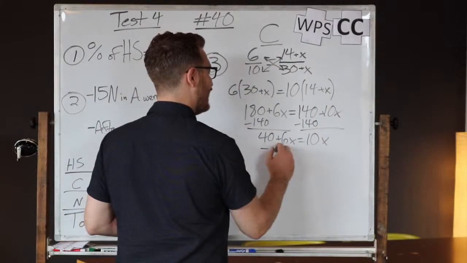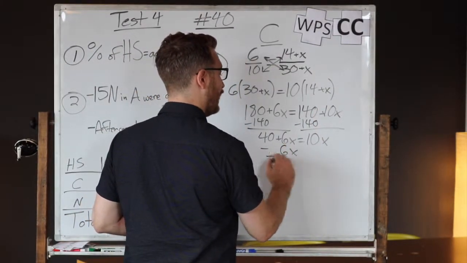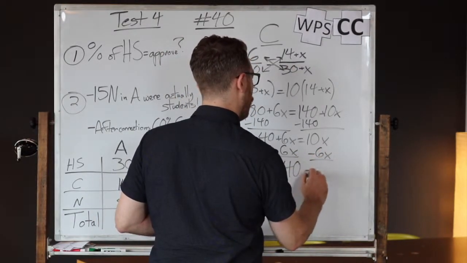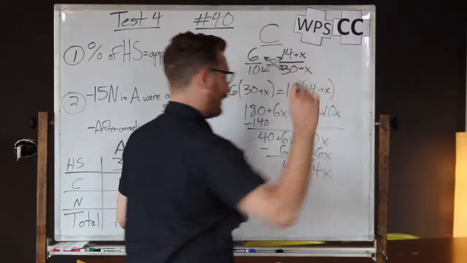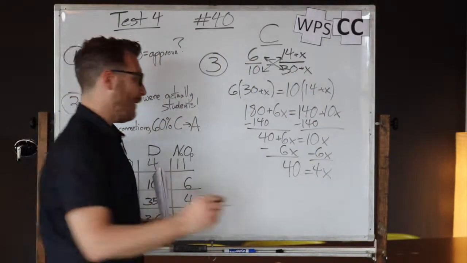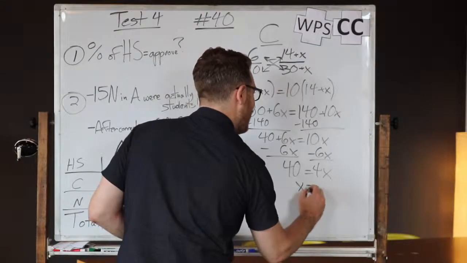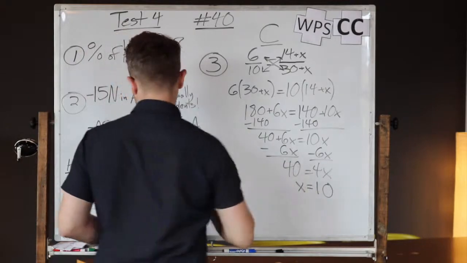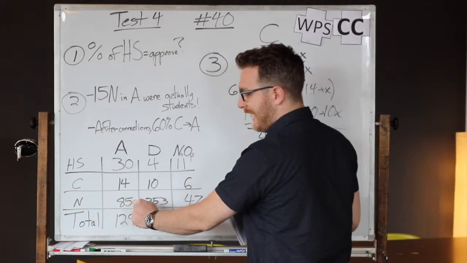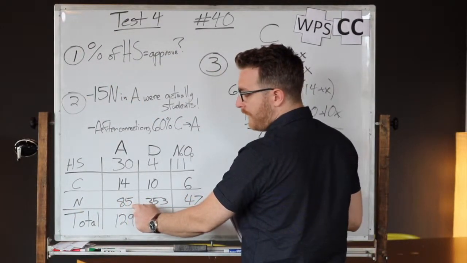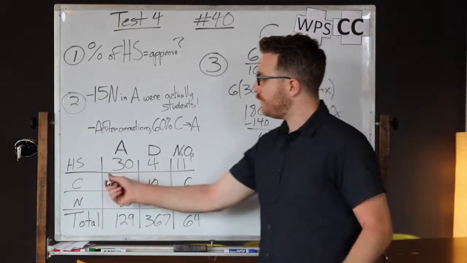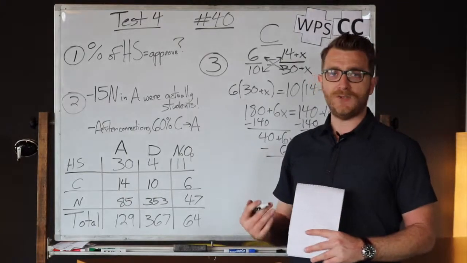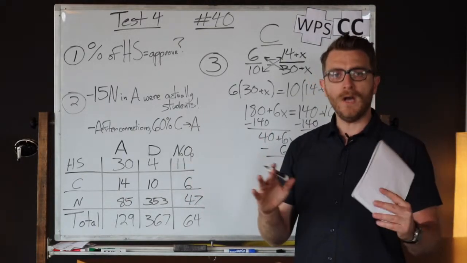Now I'm going to subtract 6x from both sides and end up with 40 equals 4x. Pretty easy. We can figure out what that would be, right? X equals 10. That is the number of students that were added to this category here. Away from this category into this. College students who approved became 24, which was the correct number after they found out their mistake.